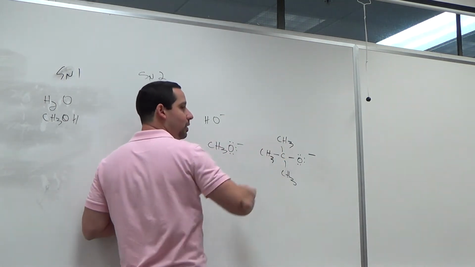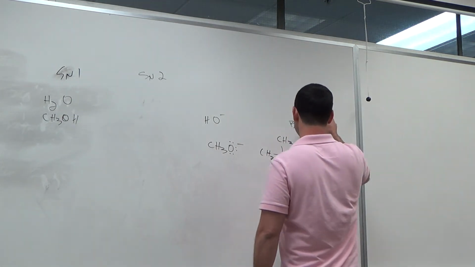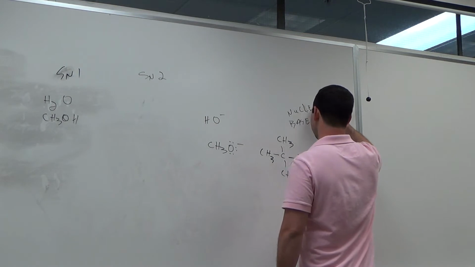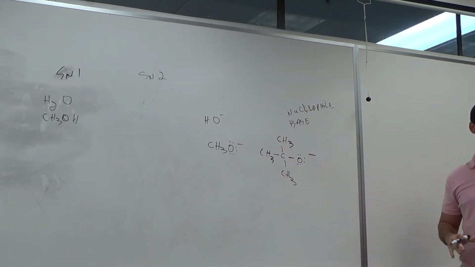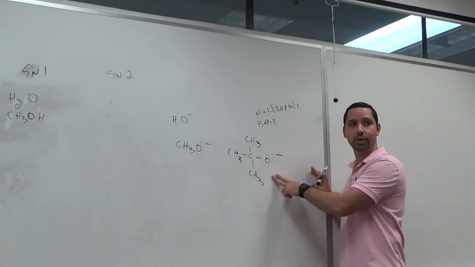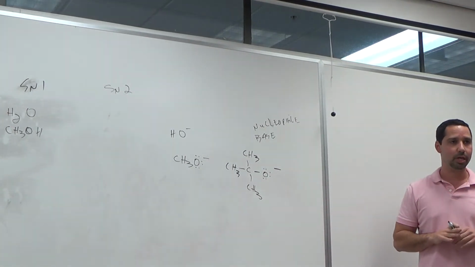This alkoxide is hindered, so we can say that this is a base, or this is a nucleophile. Because it's hindered, it does not tend to do substitution reactions. When it is attacking, can it fit? No, it can't fit.